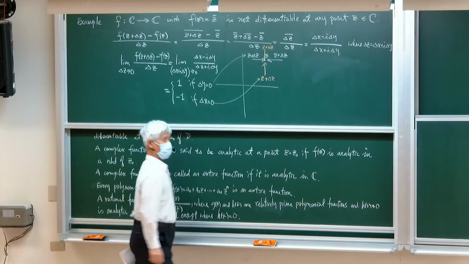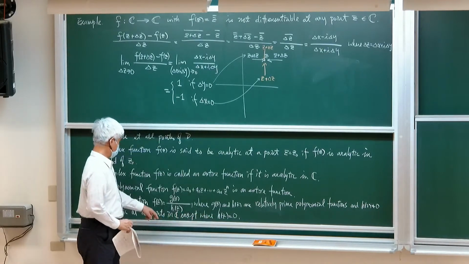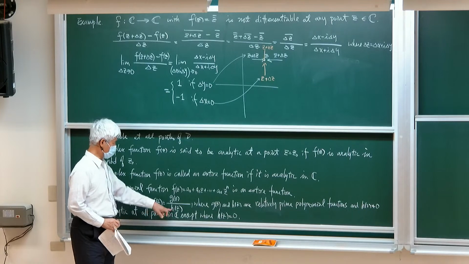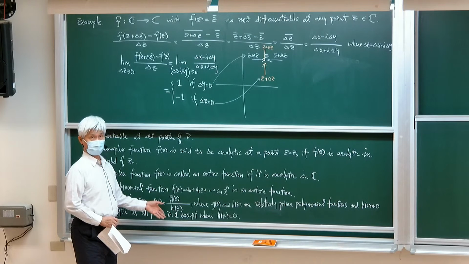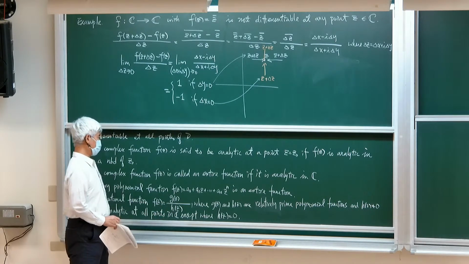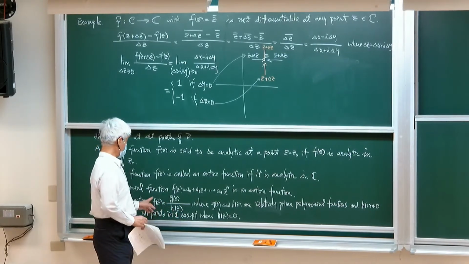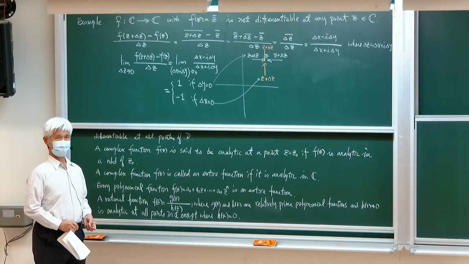Because when you have z such that h of z is 0, then it's not defined at those points. But whenever h of z is non-zero, then this function is analytic at those points.